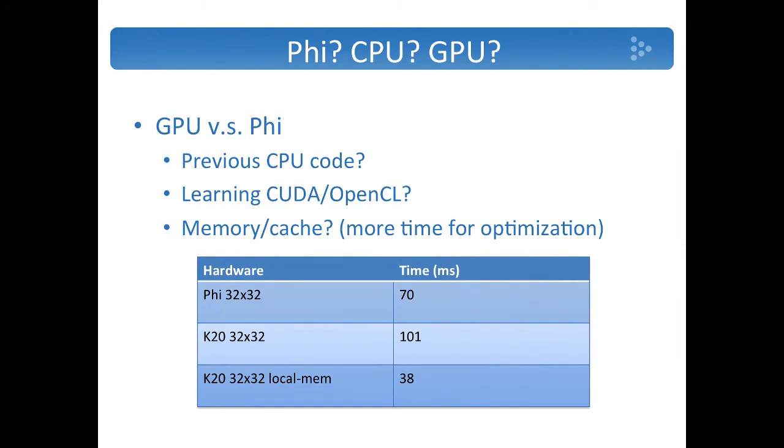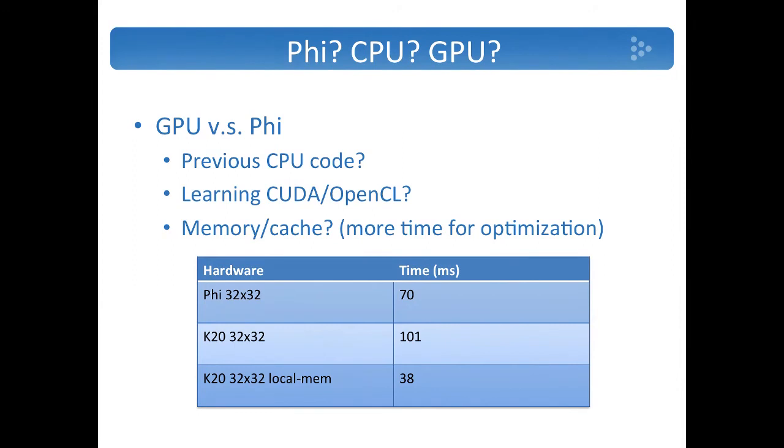If you have previous CPU code and you don't know how to program GPU, I recommend you use Xeon Phi. And if you have already learned how to program in CUDA or OpenCL, I recommend you use GPU, not the Xeon Phi. But you can try Xeon Phi. You can port your CUDA code to OpenCL, and OpenCL can run on Xeon Phi.